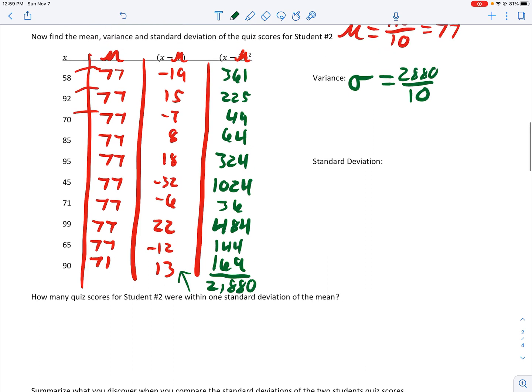So divide that by 10. So our variance is 288. Sorry, variance is sigma squared. Standard deviation is sigma. So we're going to square root 288. And that comes out to about 17.0, because remember, we're rounding to the nearest tenth.